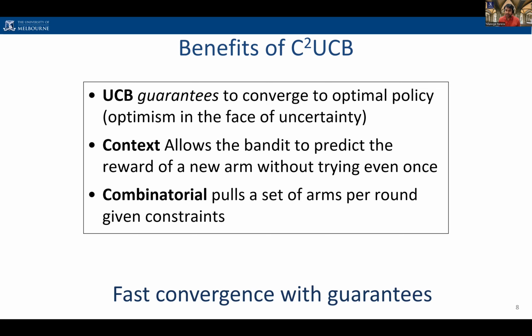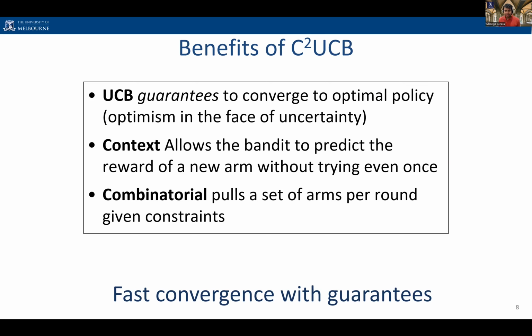C2UCB allows the use of context for each arm, providing additional information about the arm and the environment that the learner can observe before taking a decision. What really fascinates us is that given enough rounds, context allows the bandit to predict the reward of a new arm at first sight without trying it even once.